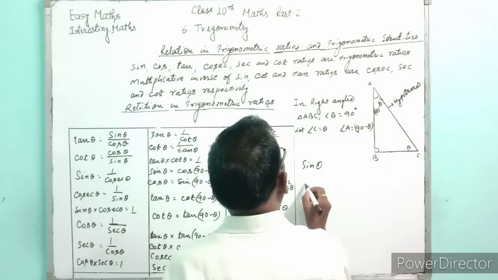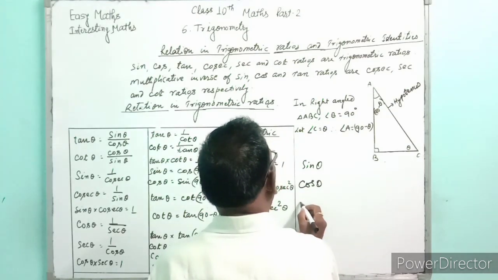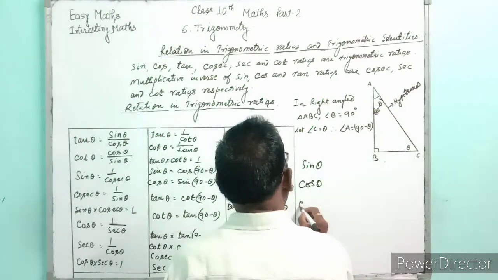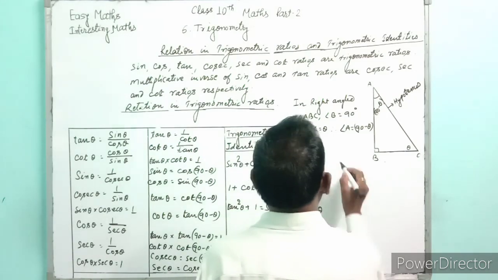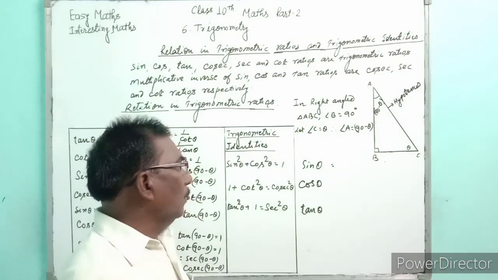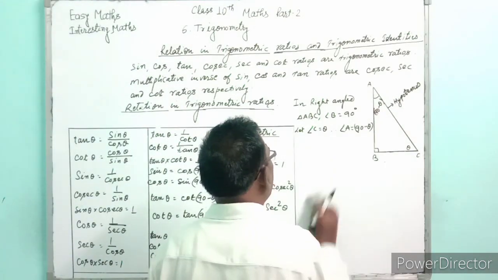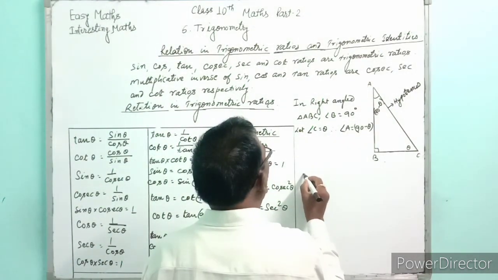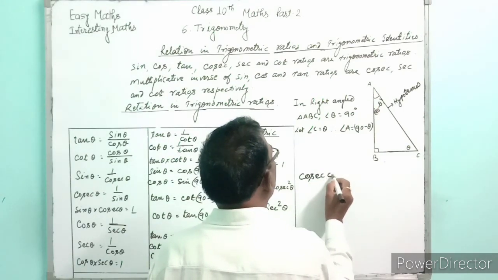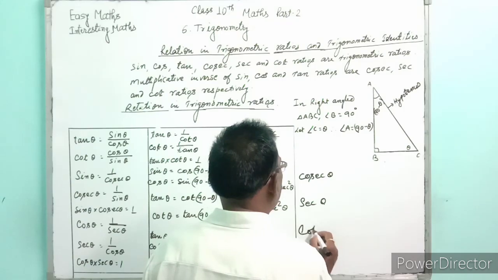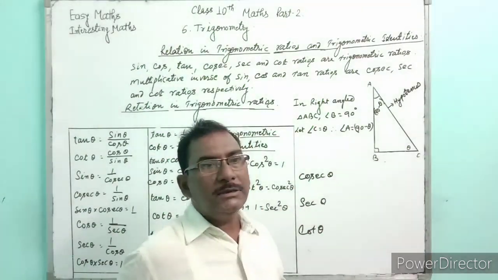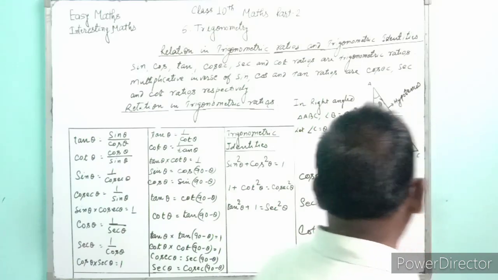Sin theta, cos theta and tan theta; I will write on this side cosec theta, sec theta and cot theta. So cosec theta is the multiplicative inverse of sin theta.